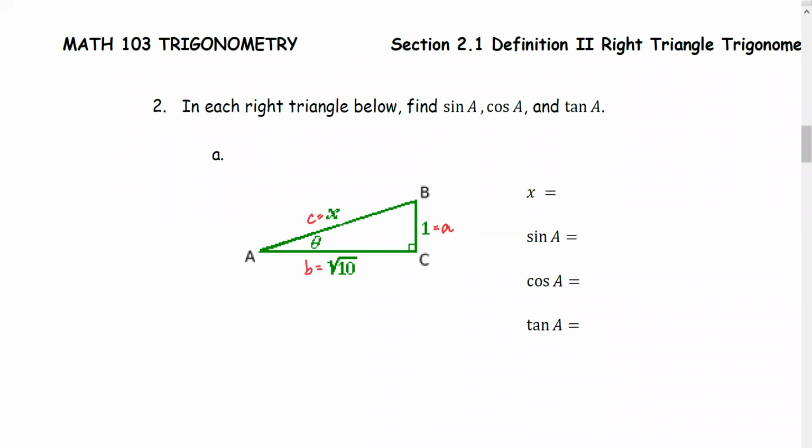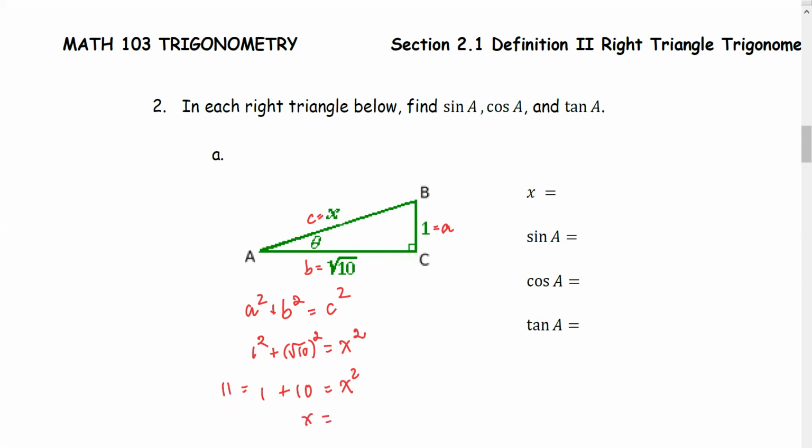Since we know the values a and b, we can find c by using the Pythagorean theorem. From a squared plus b squared equals c squared, 1 squared plus square root 10 squared equals x squared. Therefore, x squared equals 1 plus 10, or 11, which gives us x equals plus or minus square root 11.